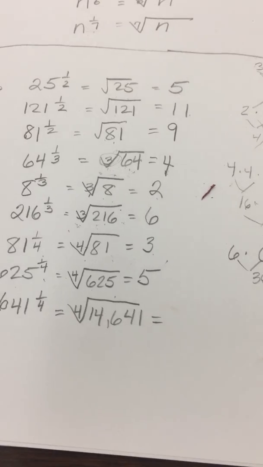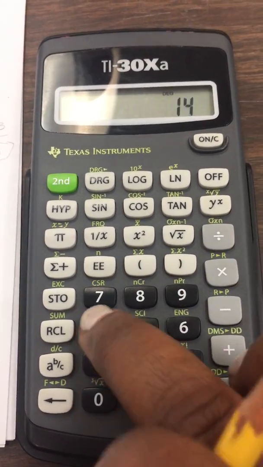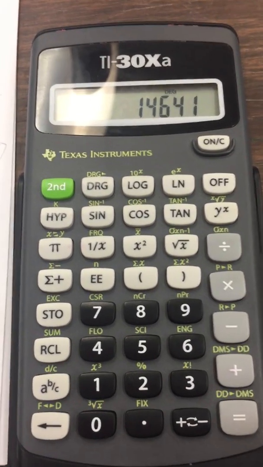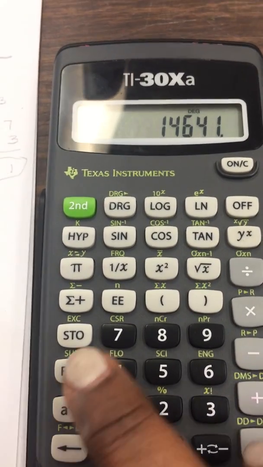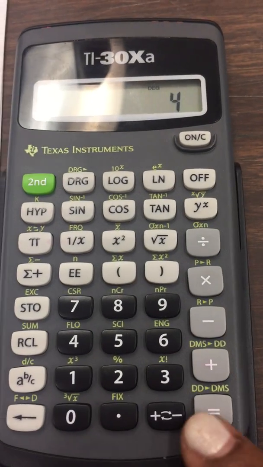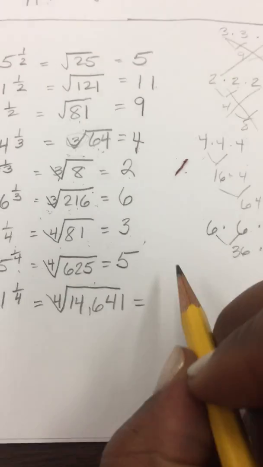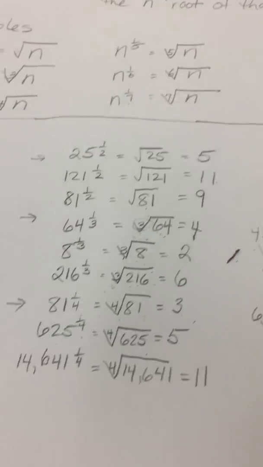Okay, let's go 14,641. Hit the clear button. We're going to go 14,641. And we want the fourth root. So we're going to hit second, hit this key, and number 4 for fourth root, and then the equal sign. And it's 11. That works out wonderfully. And so we find that answer is 11, okay?